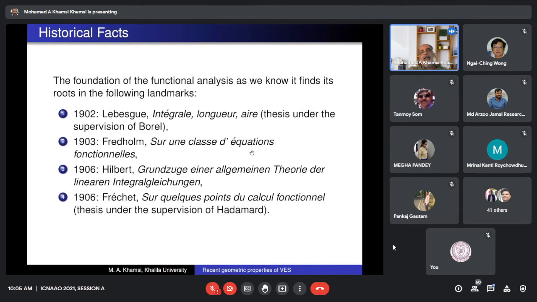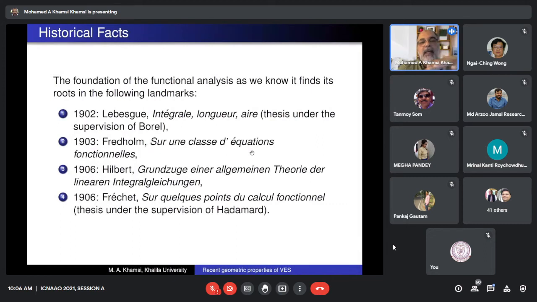I ask all the students to check, for example, the 10 problems left by Hilbert, which he said would affect and be the major development of mathematics in the next century. And in fact, the Fields medalists are the ones who are working in the same areas that were defined by Hilbert in his writing at the beginning there. 1906, Fréchet, okay, and it was a question by Hadamard.